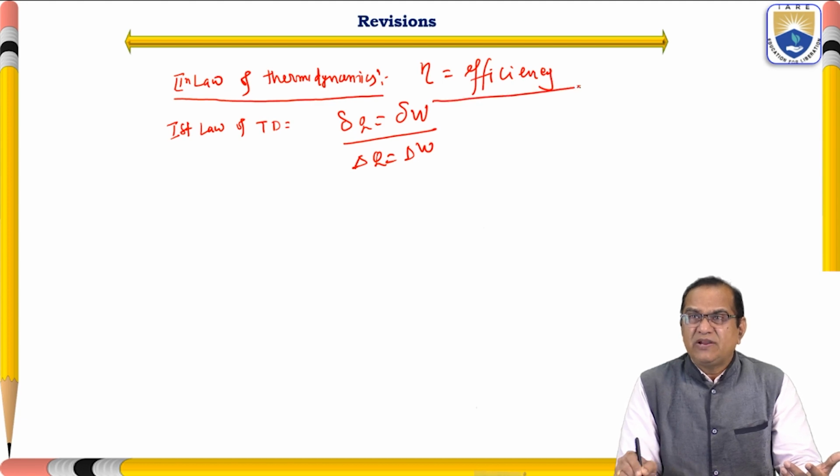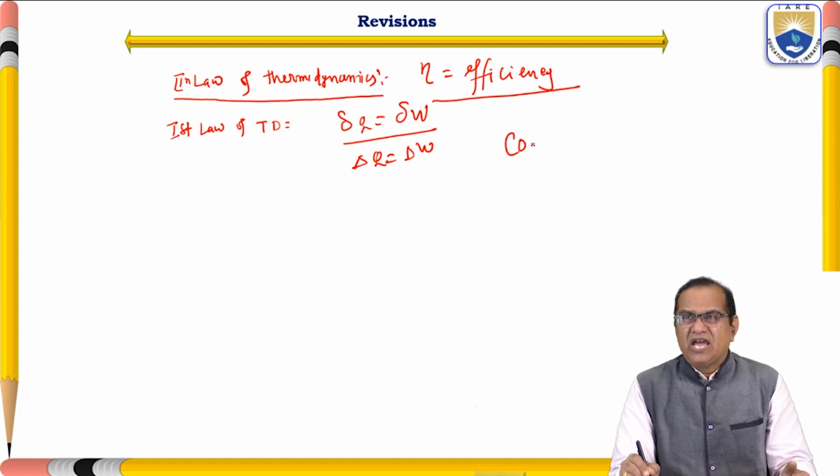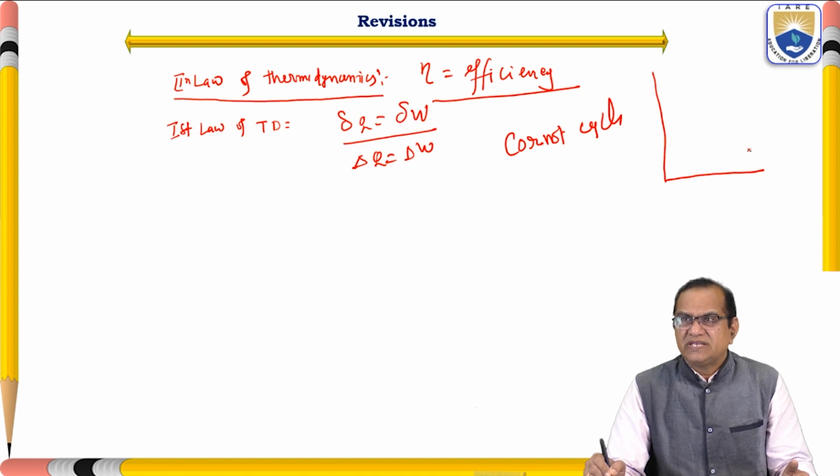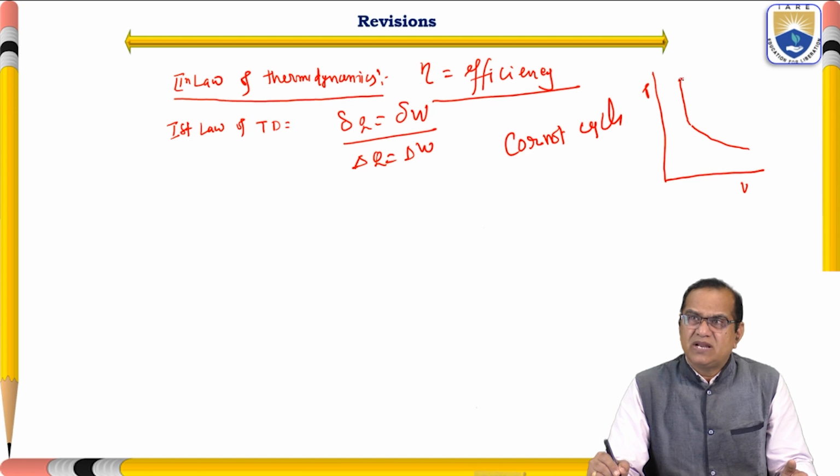So here, I have just discussed the Carnot cycle. If you draw this Carnot cycle on a PV diagram, it has an isentropic process, then an isothermal, again isentropic, and again isothermal, points 1, 2, 3 and 4.